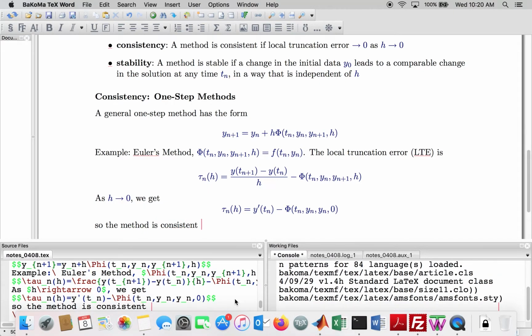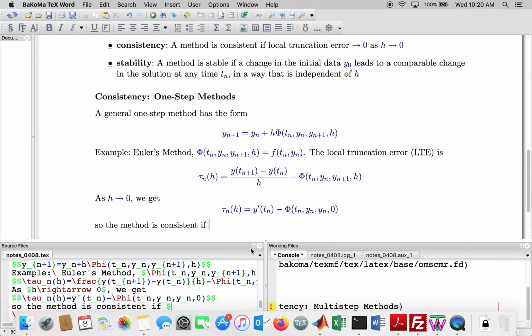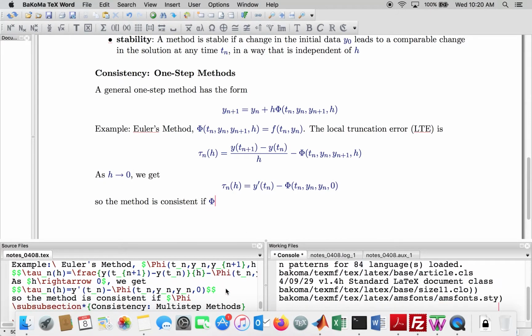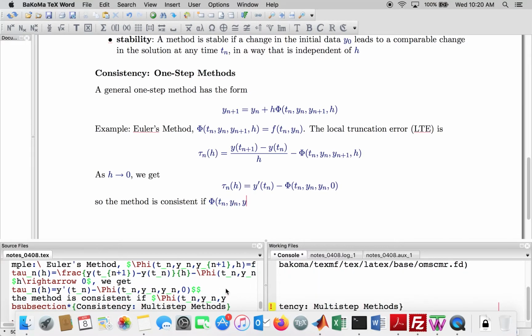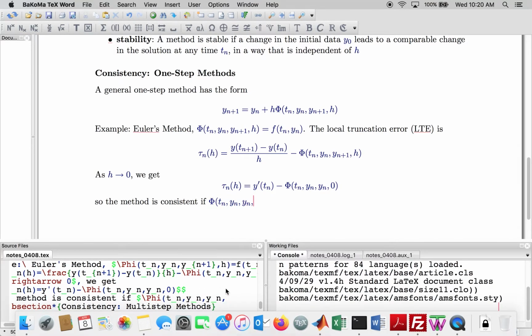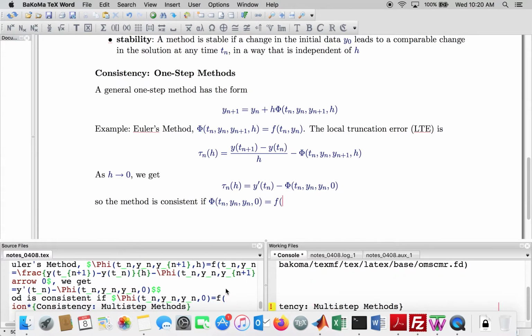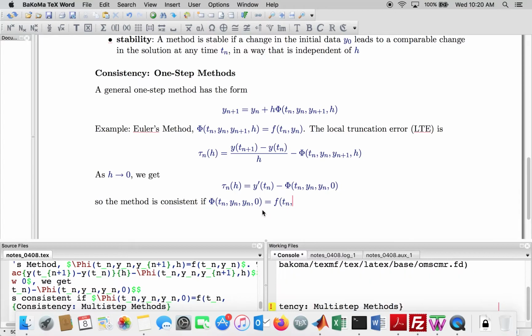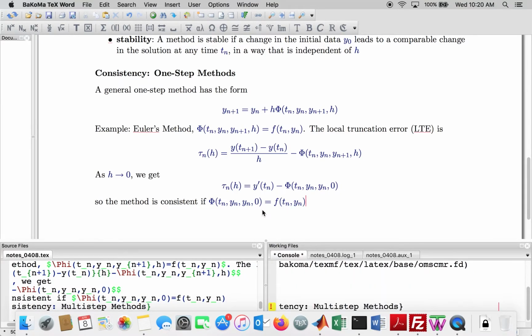So once the method is consistent, we have the following: phi of, substitute t n, and then substitute y in both places, and substitute h equals 0, that must equal the other side of the ODE, so f of t n, y n.